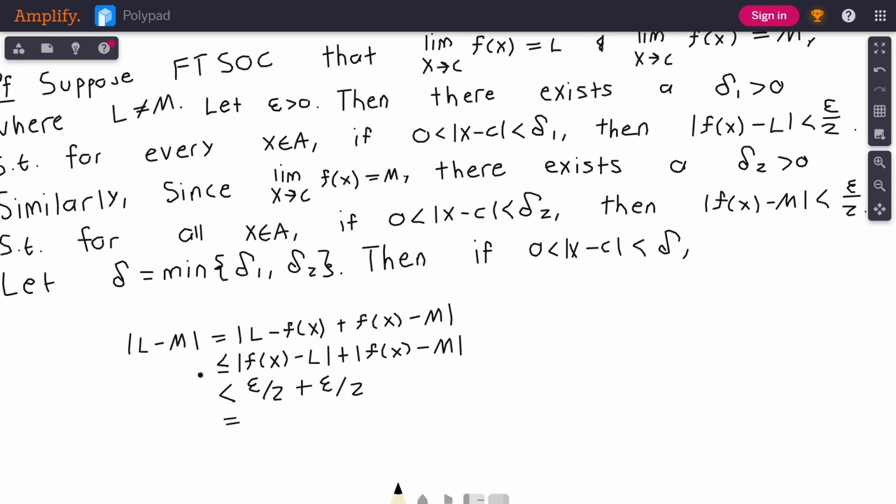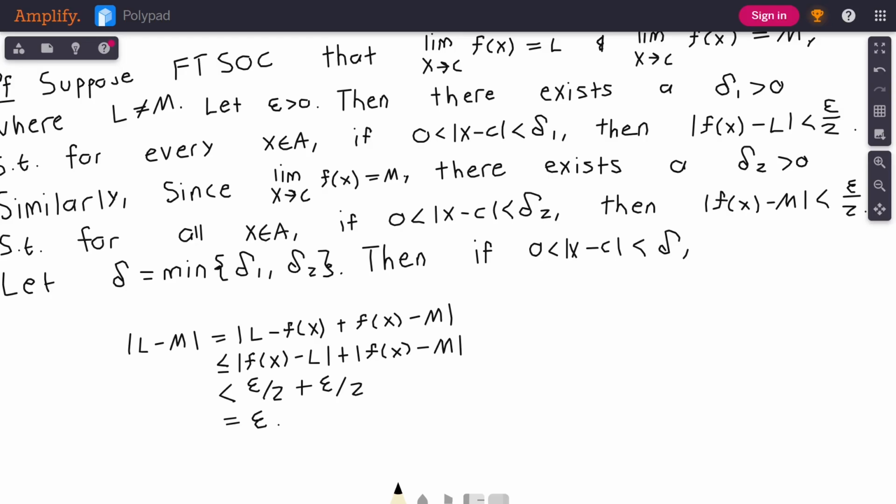So we get that the absolute value of L minus m is less than epsilon for all epsilon greater than 0. So that means that L must equal m, right? Because the absolute value of L minus m can't be 1, because we just showed it's less than 1. It can't be 10 to the negative googolplex, because we showed that the absolute value of L minus m will be less than that.